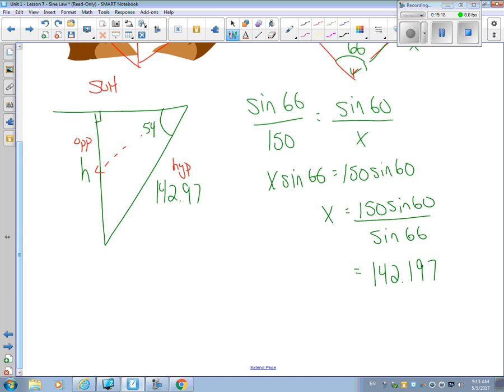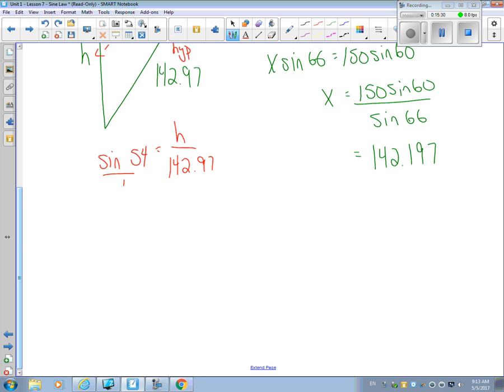SOHCAHTOA, O and H is sine. So the sine of 54 equals h over 142.97. I can solve that by cross multiplying. 1 times h equals 142.97 times the sine of 54. And I got 115.04 meters. Hopefully you did too.